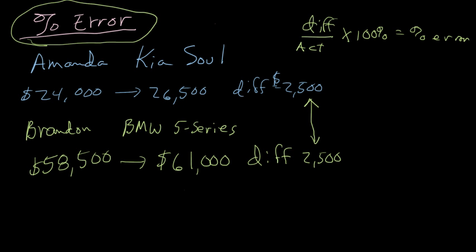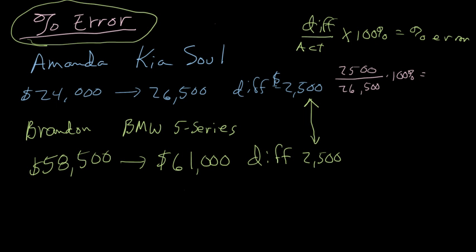We'll start with Amanda. 2,500 divided by 26,500 and multiply by 100%.